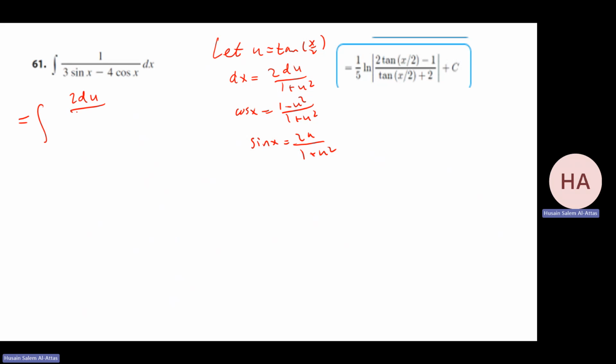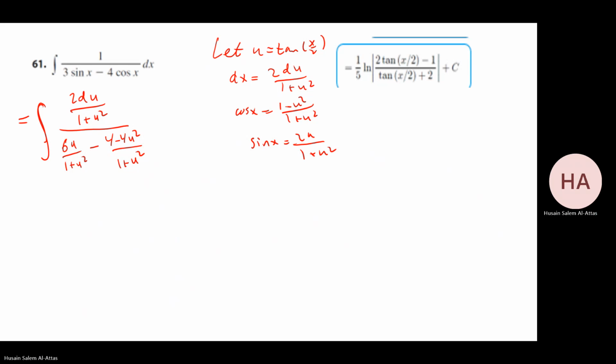You have what? 2 du over 1 plus u square over. This is 3 sine x, which is 6u over 1 plus u square. This is minus 4 cosine x, which is minus 4 minus 4u square over 1 plus u square.